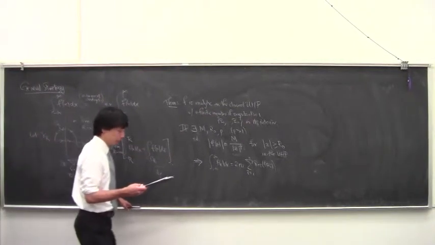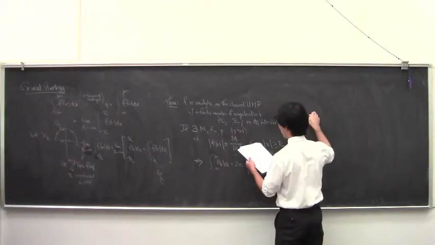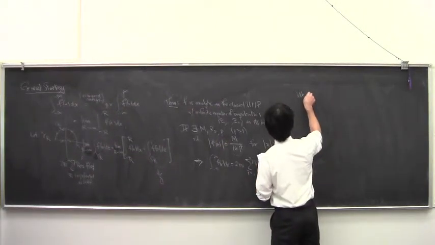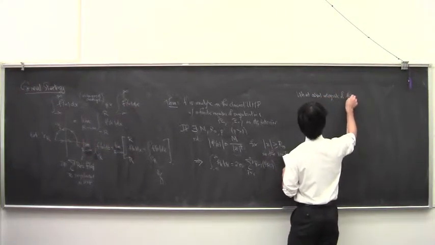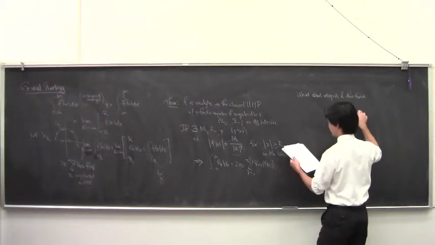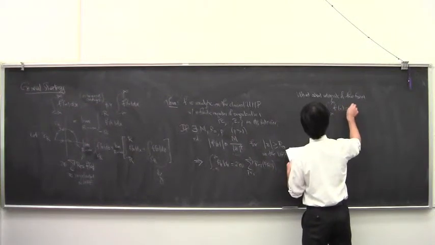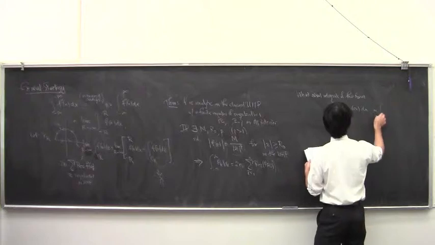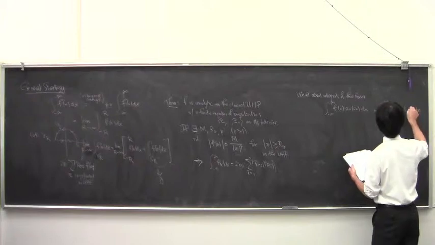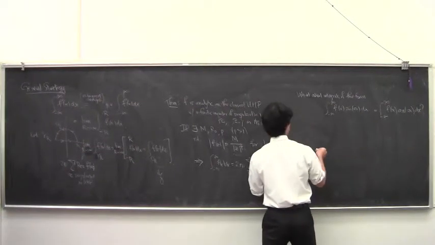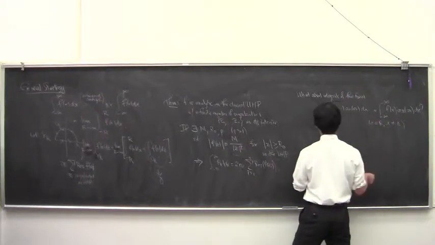Okay. Now we're interested in a slightly different integral. What about integrals of the form f of x sine ax or f of x cosine ax, where a is not equal to 0?